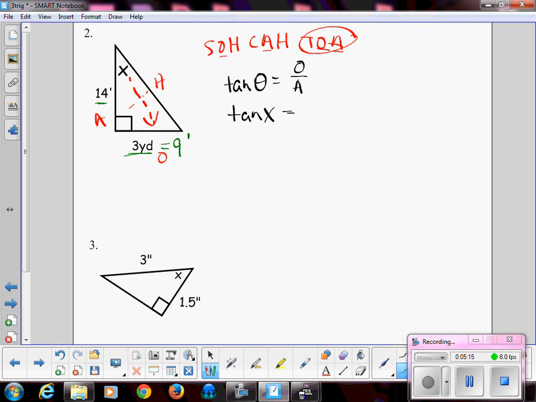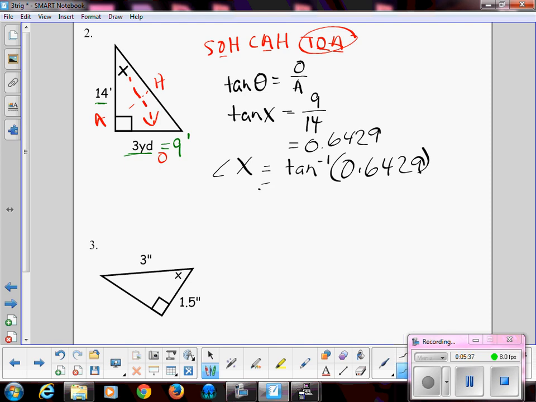We have opposite, which was 9, and the adjacent, which is 14. So again, I have to change the 9 fourteenths to a decimal, and it rounds to 0.6429, and angle x is going to be the tan inverse of that ratio. And when we do that, we get our angle to be roughly 32.7 degrees.